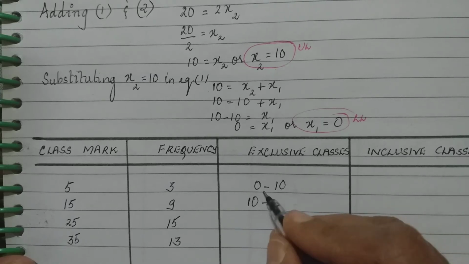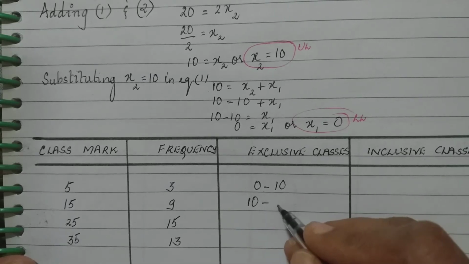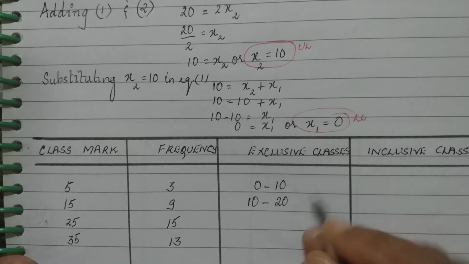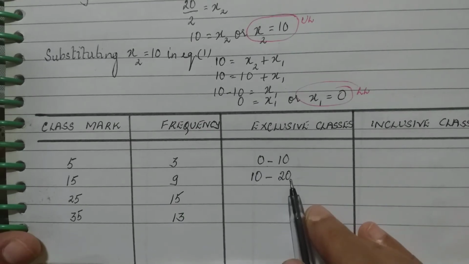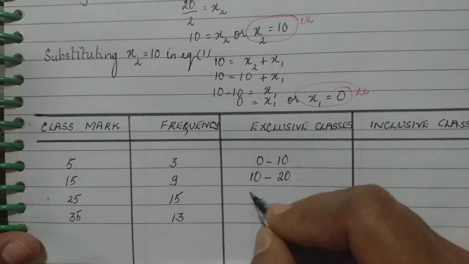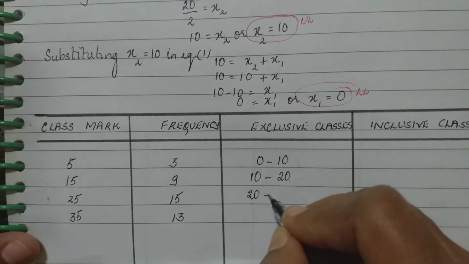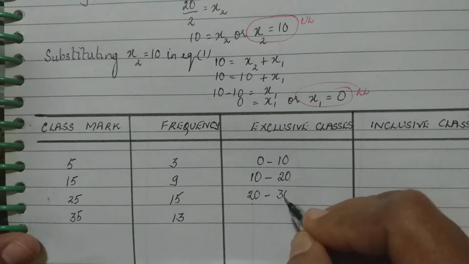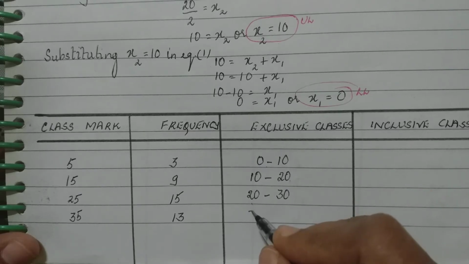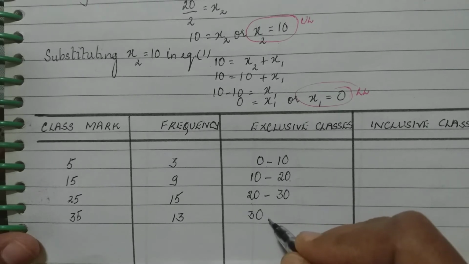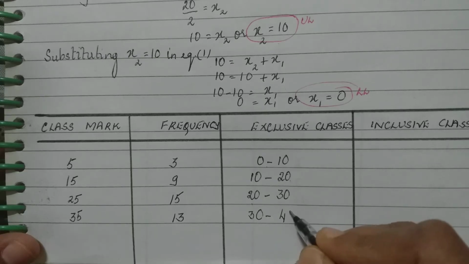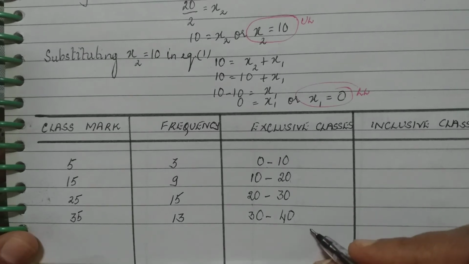So it was 0 to 10, and this will be 10 to 20. Now again the upper limit of this second class should be the same here, so this will be 20 to 30. And again 30 will repeat, 30 to 40. So this is how we write exclusive classes.